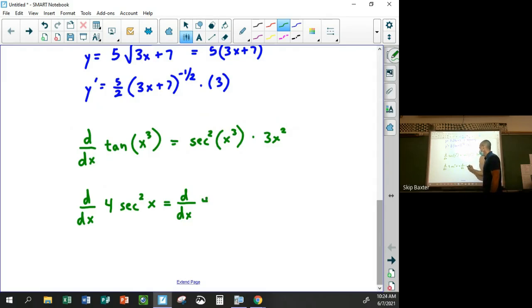This is really 4 times something squared. The derivative of 4 times something squared is 8 times something, right? So this is going to be 8 times secant x. But then by the chain rule, you have to then multiply by the derivative of something. So the derivative of secant x would be secant x tangent x.